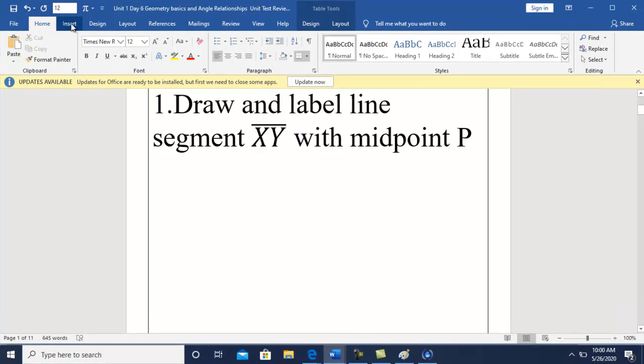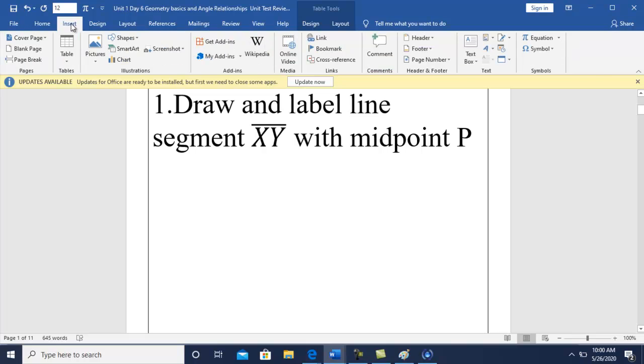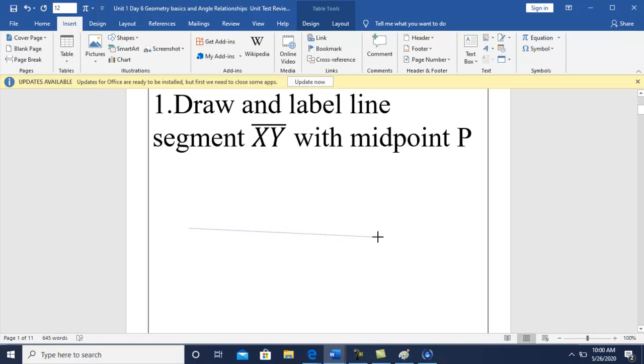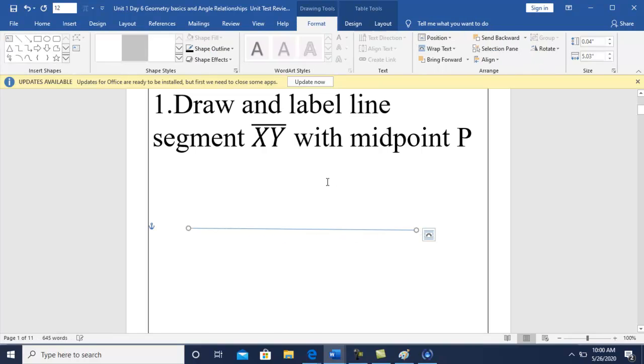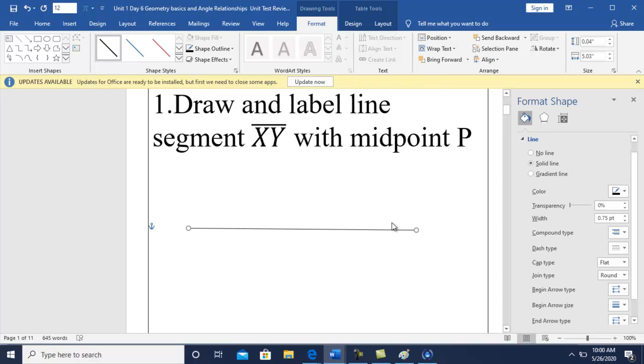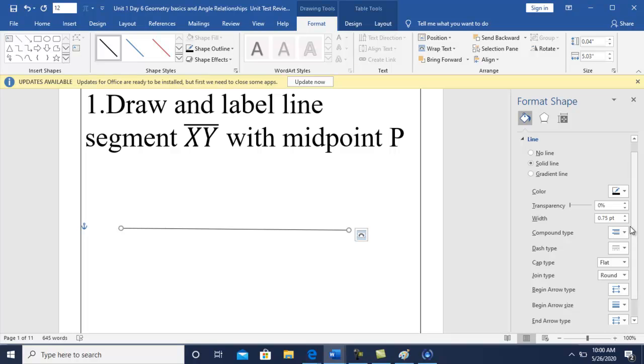So the first thing we're going to do is draw a line segment. Anytime you draw a line segment, it's got to have no arrows. Let's make the width a little bit bigger so we can see it.